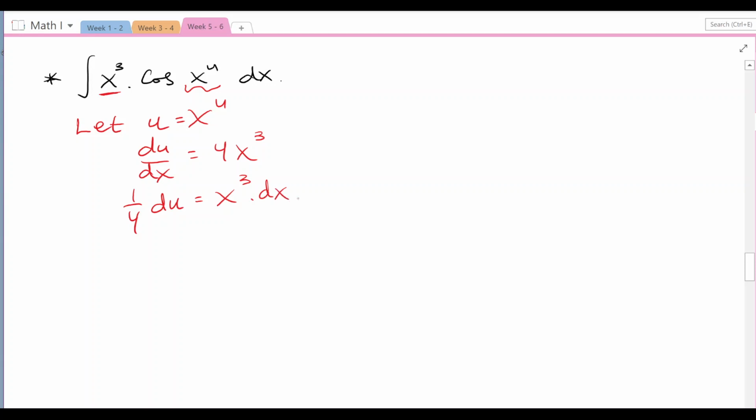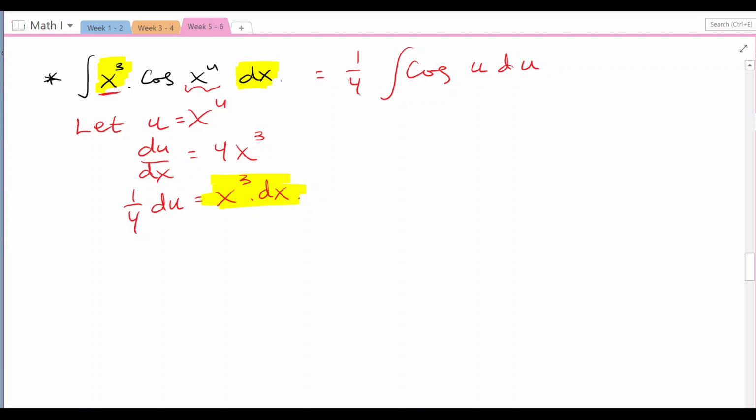times dx. So now our problem can be simplified like this. This is equivalent to taking the 1/4 out, integral of cos u du, because x to the power of 4 is u, and x cubed dx equals 1 over 4 du.